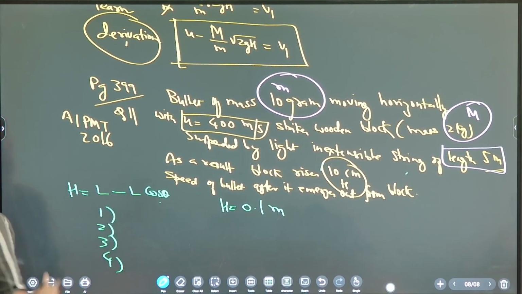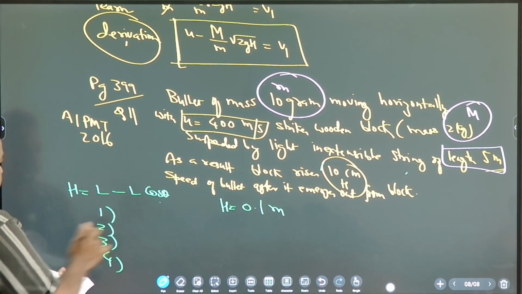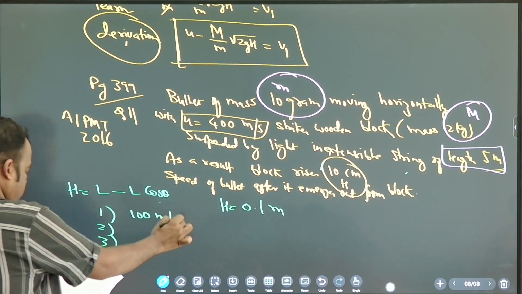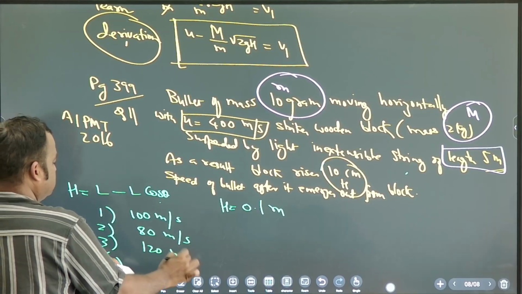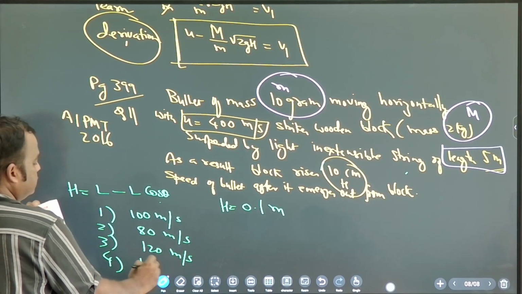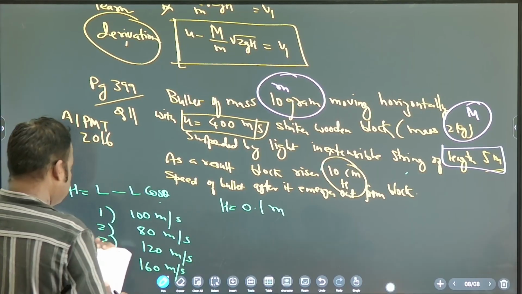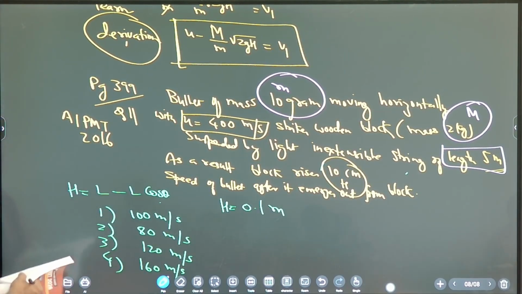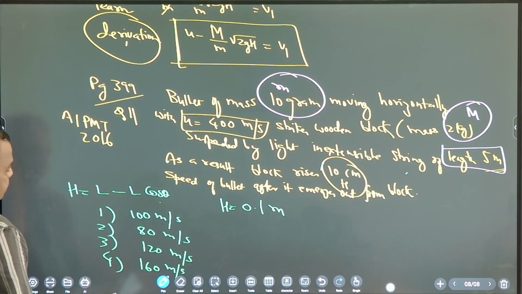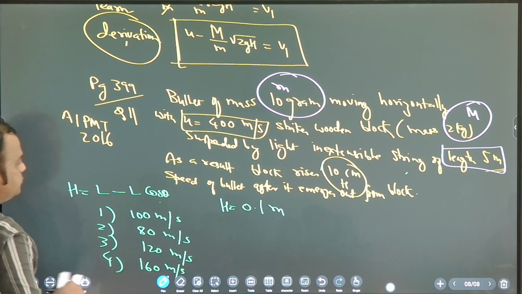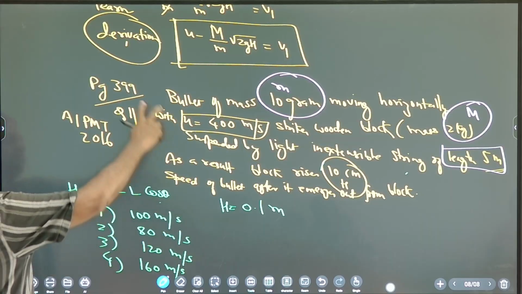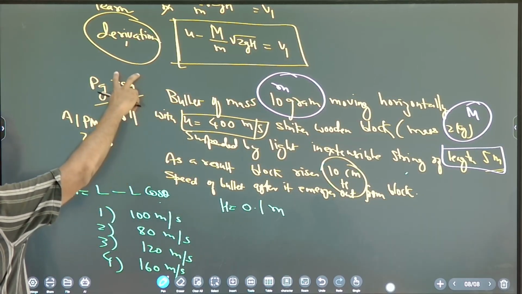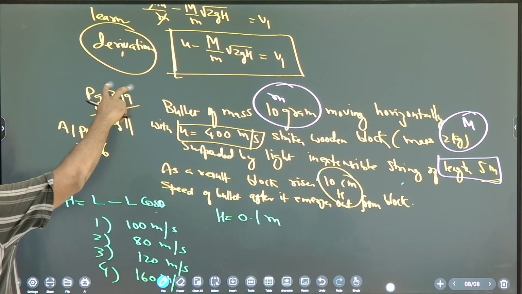Calculate. Use the direct formula. Put the value.